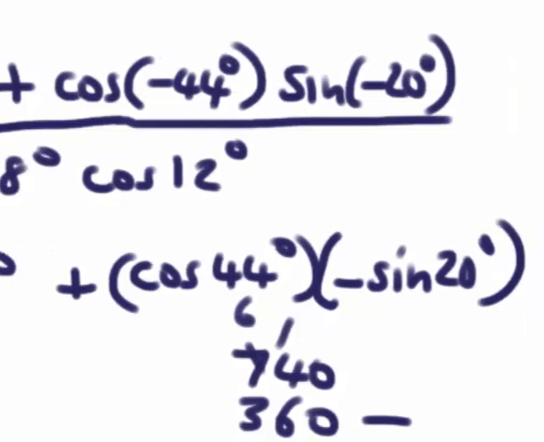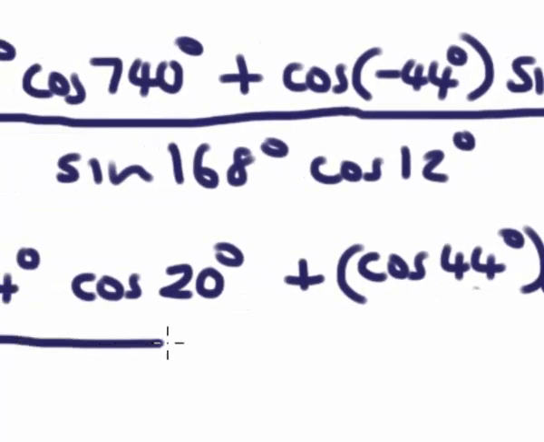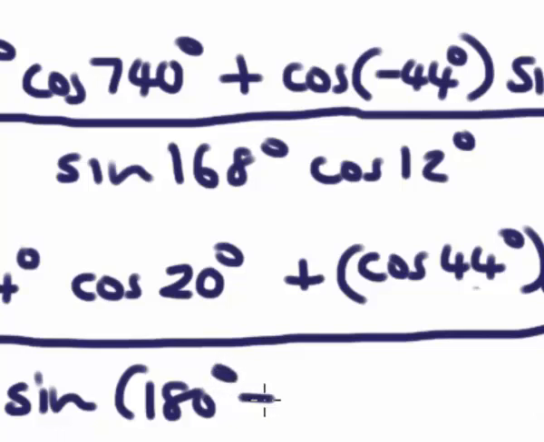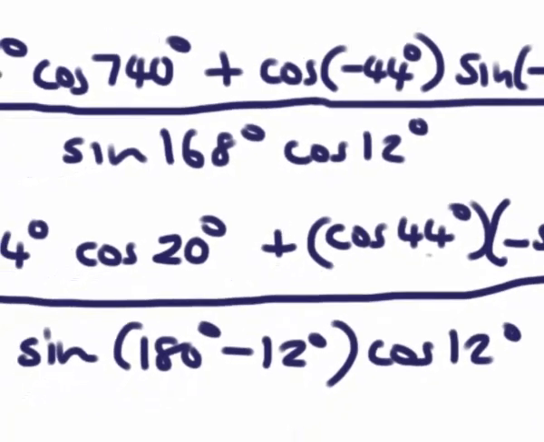Remember, the use of brackets is so important in this game. And then we're dividing this mess by sine 168. Well, we can actually just go 180 minus 12, and reduce that to sine 12, and then cos 12. Cool.